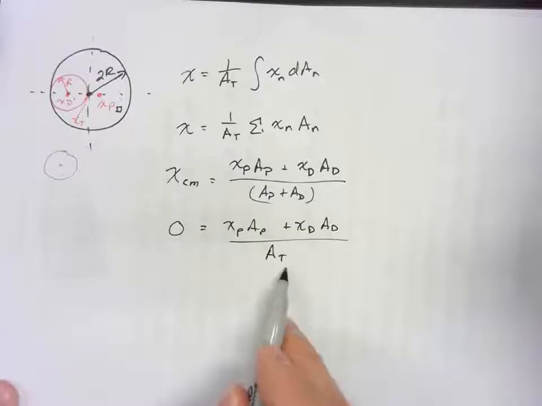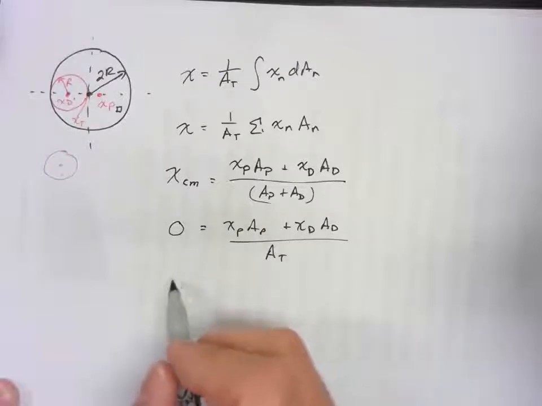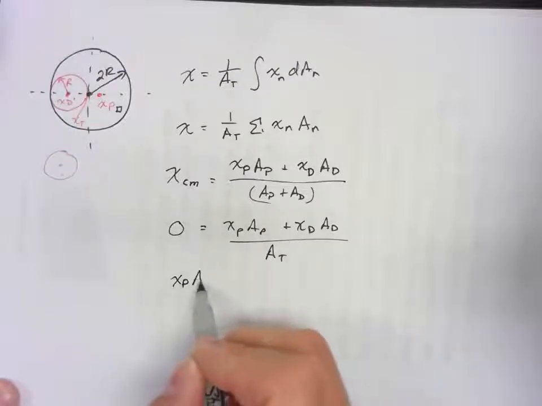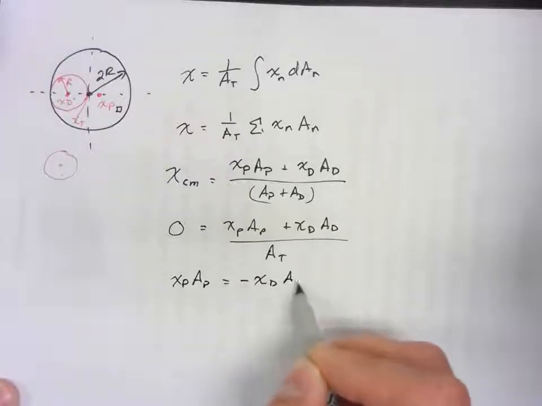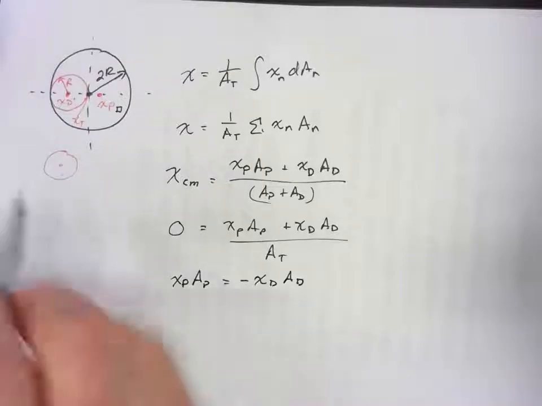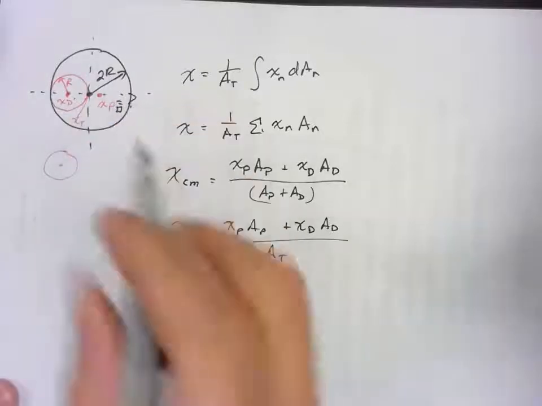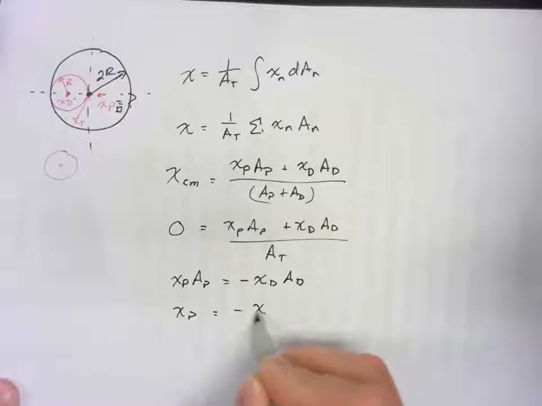Now, that's 0. If I multiply this over, that's still 0. What that tells us is that this is equal to the negative of this. So xp times ap is equal to the negative of xd times ad. And what we're doing is looking for xp. So let's solve this around for xp.